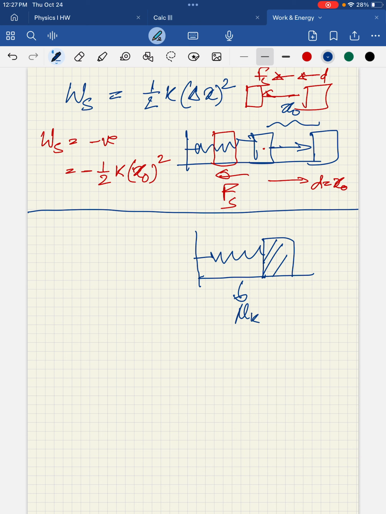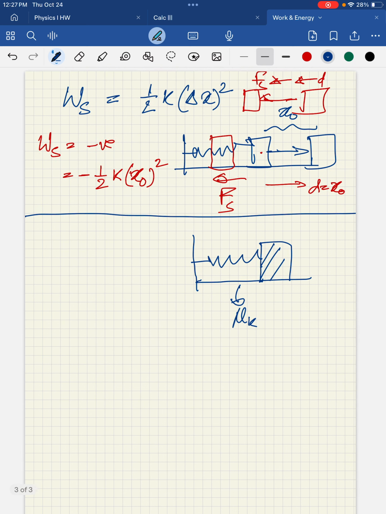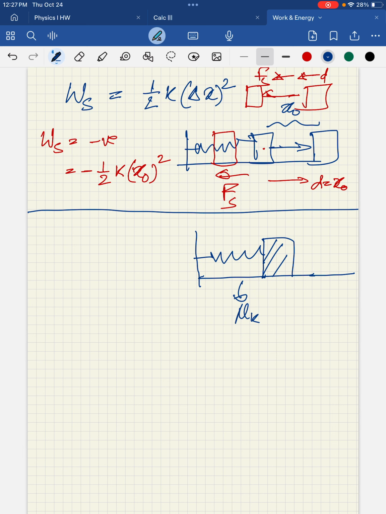We're going to just use the kinetic coefficient of friction, and let's say it is pulled from here to here, and the displacement is x0 as we said previously. And there is friction here as well, and the mass is m.